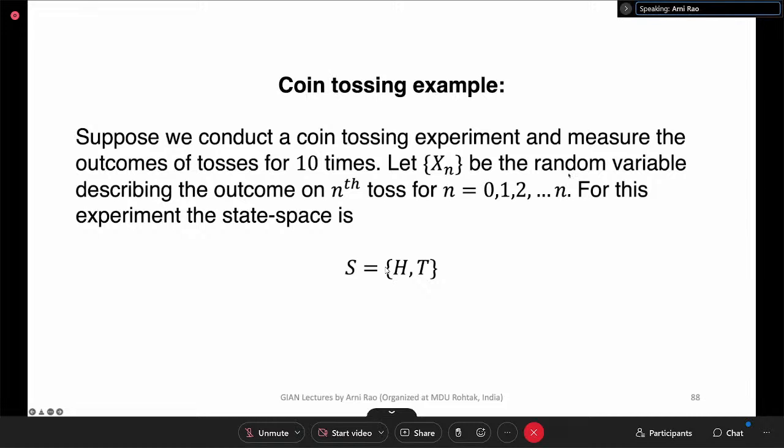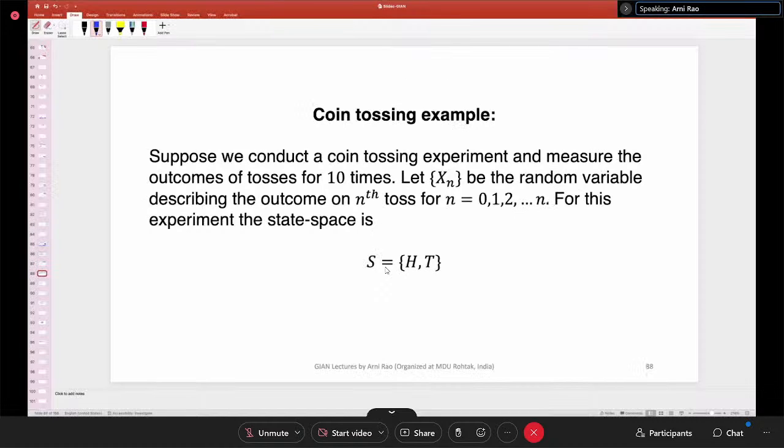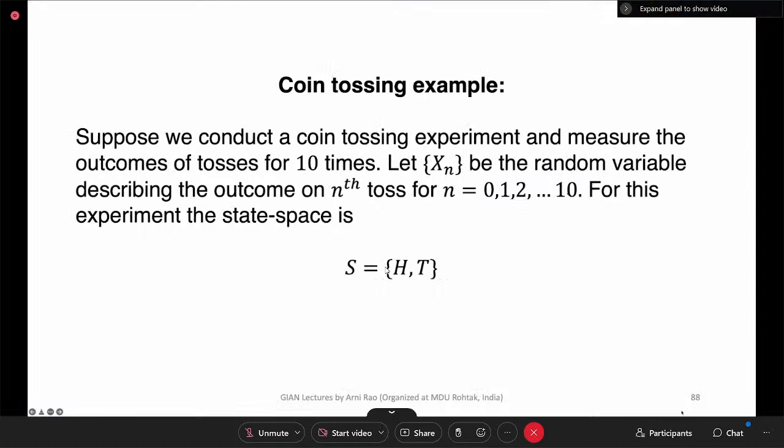Then the outcome of the nth toss, n equal to 1 to 10, or it could be more. Sorry, this is a 10, just replace this by 10. So the state space is h comma t, a sequence of random variables with n equal to 1 to 10. You can keep on tossing infinitely many times.